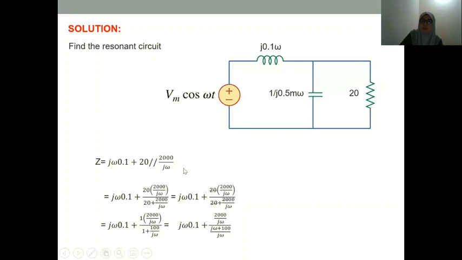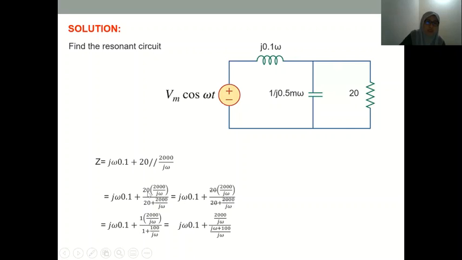This 1 over j 0.5 milli omega gives you 2000 divided by j omega, for easy calculation. This parallel equivalent impedance will be in series with your j 0.1 omega inductance here. Then you simplify the calculation.